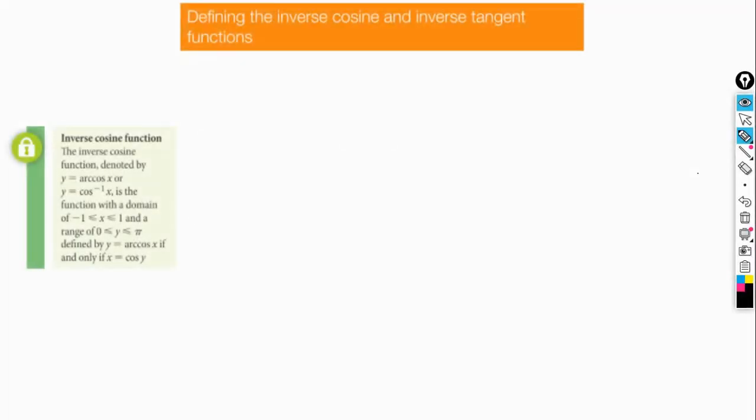So next we're going to define the inverse cosine and inverse tangent functions. So for the inverse cosine function, we have that it is defined by y equals arc cosine of x, or y is equal to cosine to the minus 1 of x. Now here be careful because this is not the same as saying 1 over cosine of x, right?